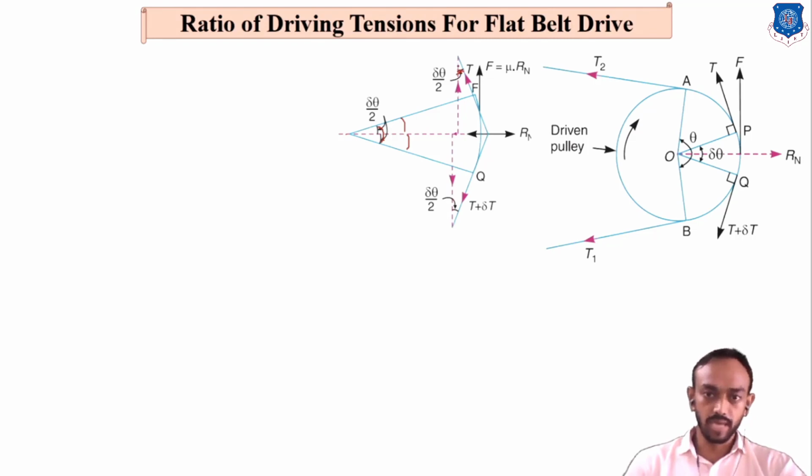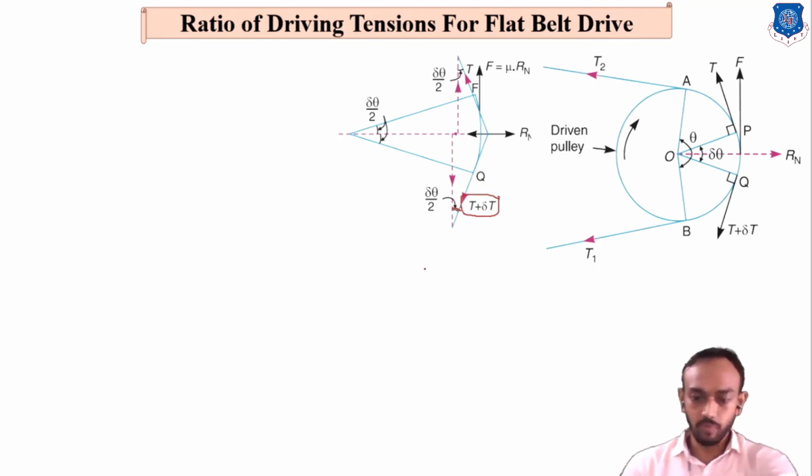So we can take the components of T. The vertical component will be T cos d theta by 2, and the horizontal component will be T sin d theta by 2. In the same way we take two components for T plus delta T, since d theta by 2 is the angle.